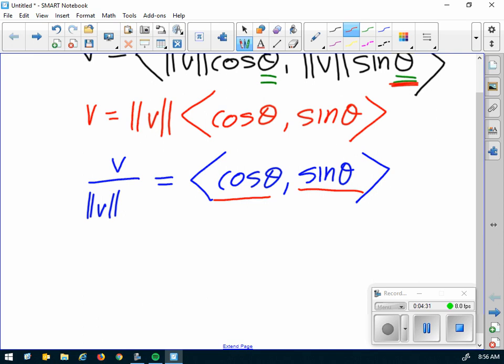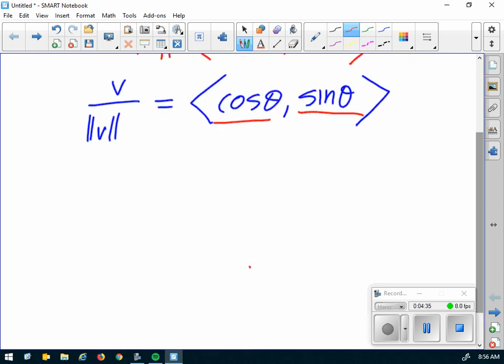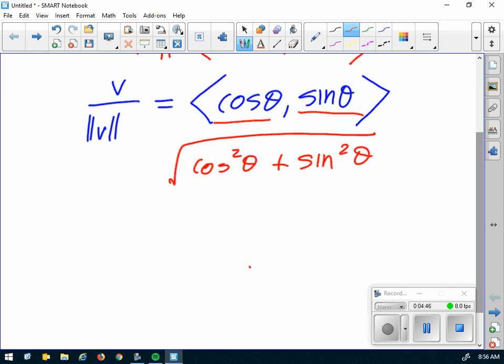Well, let's do it. Let's find the magnitude of this vector right here. Well, it's the square root of the horizontal component squared plus the vertical component squared. Holy mackerel, that's 1. Ladies and gentlemen, this right here is a vector of magnitude 1. That's a unit vector.